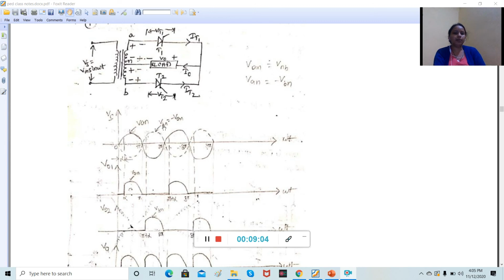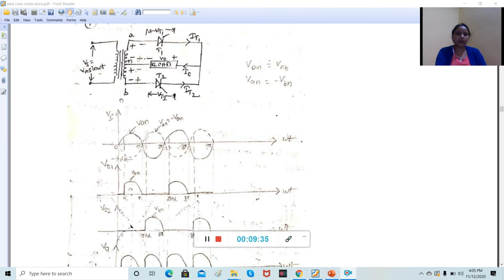So I can write VBN is equal to minus VAN. Okay, so here also it is written VAN is equal to VNB, or VAN is equal to minus VBN, because see here VBN is positive, that means its negative part is here minus VBN. So from 0 to pi, if this is VAN, this is minus VBN, that is written here VAN is equal to minus VBN.